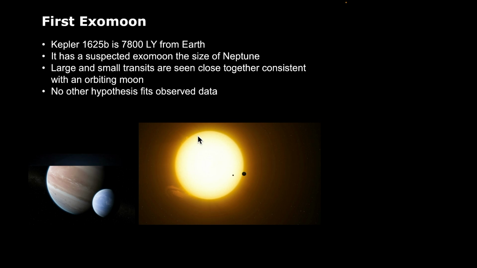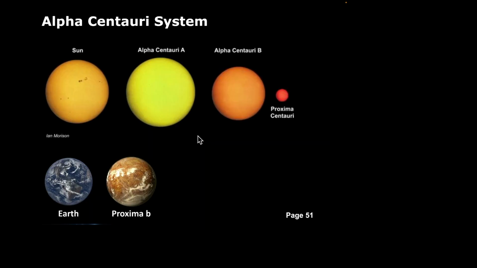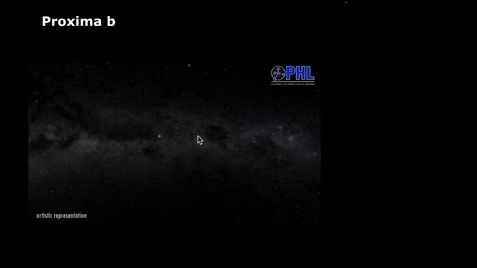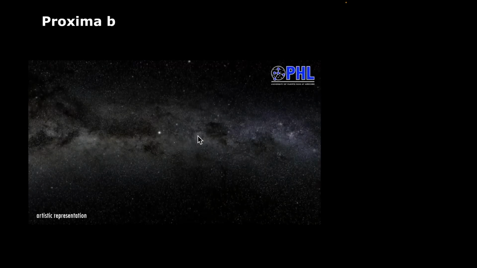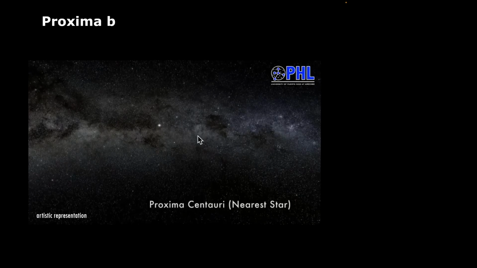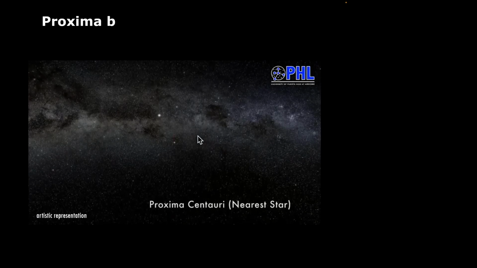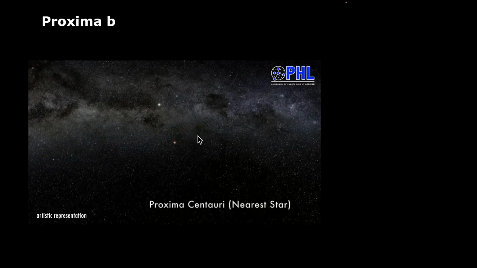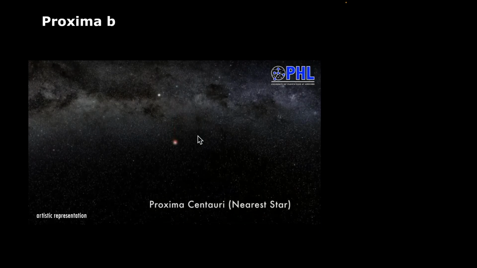Exomoons, of course, are moons that circle exoplanets. Proxima b is the first exoplanet found around Proxima Centauri, the closest star to our Sun. Here's an illustration that shows a little bit about how that might work and how it might look. Thanks to the University of Puerto Rico at Arecibo.